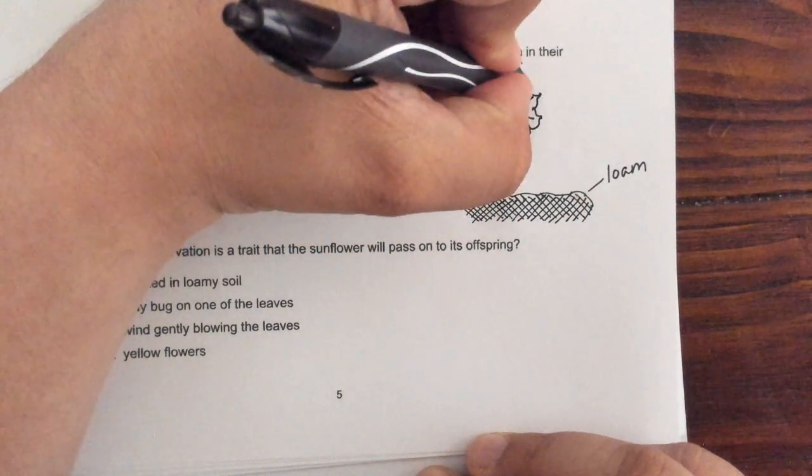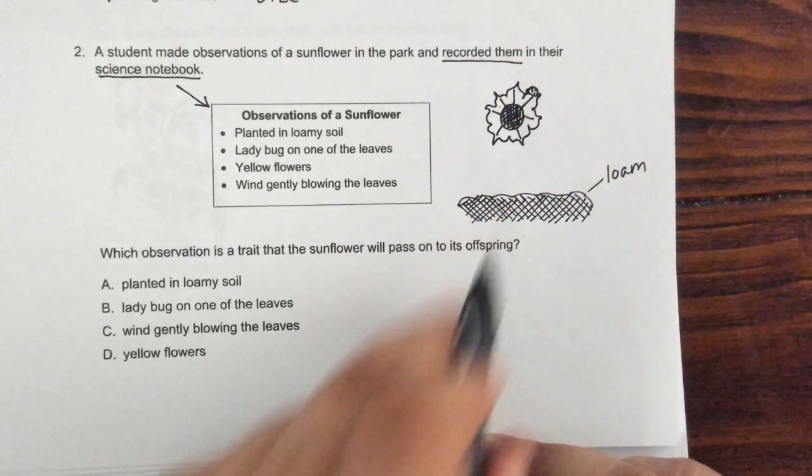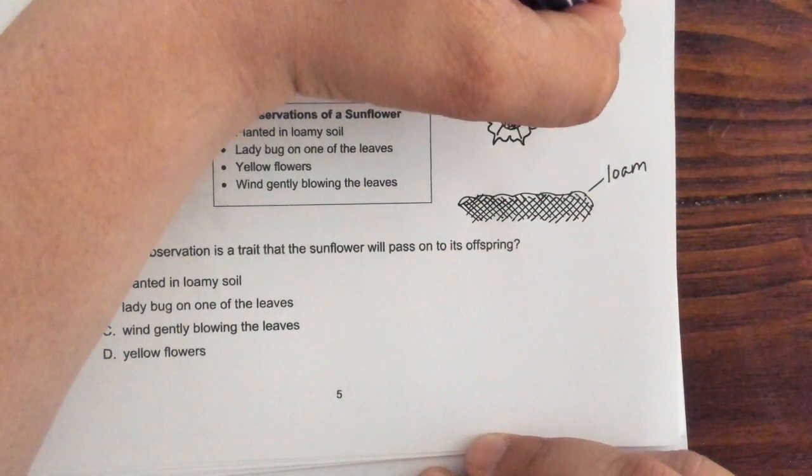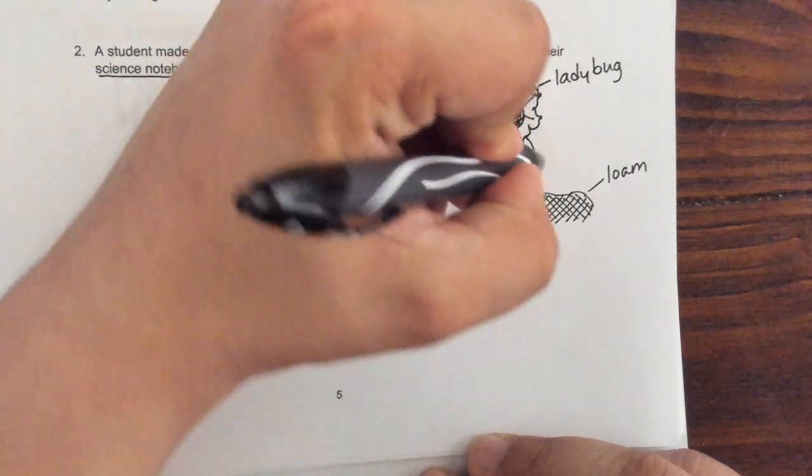So we can write a ladybug right here, so then we can label it ladybug. We're going to give it a stem.